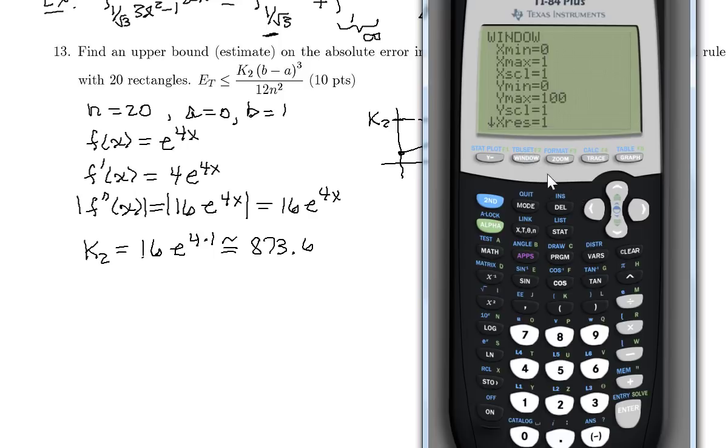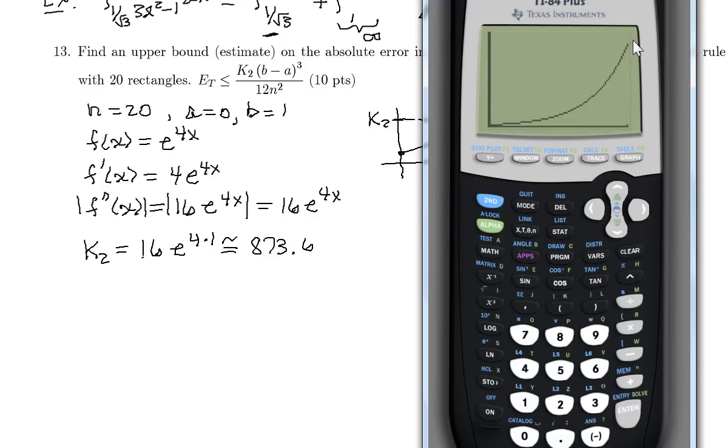So let's go back to our window here, and let's try 500, and let's graph again, and that's still going off the top of the screen. Okay, so if you go to window here, let's go ahead and change this to 1000 and graph again. And now we see that it is going off the right of the screen.